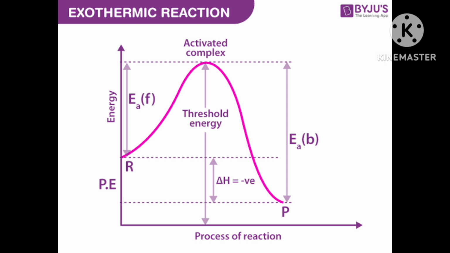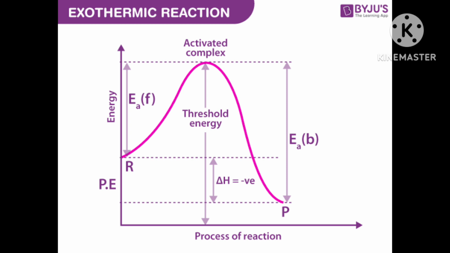In the Arrhenius equation, the factor e, exponential power minus Ea upon RT, corresponds to the fraction of molecules that have kinetic energy greater than Ea, the activation energy. Important thing. The factor exponential minus Ea upon RT corresponds to the fraction of molecules that have kinetic energy greater than Ea.